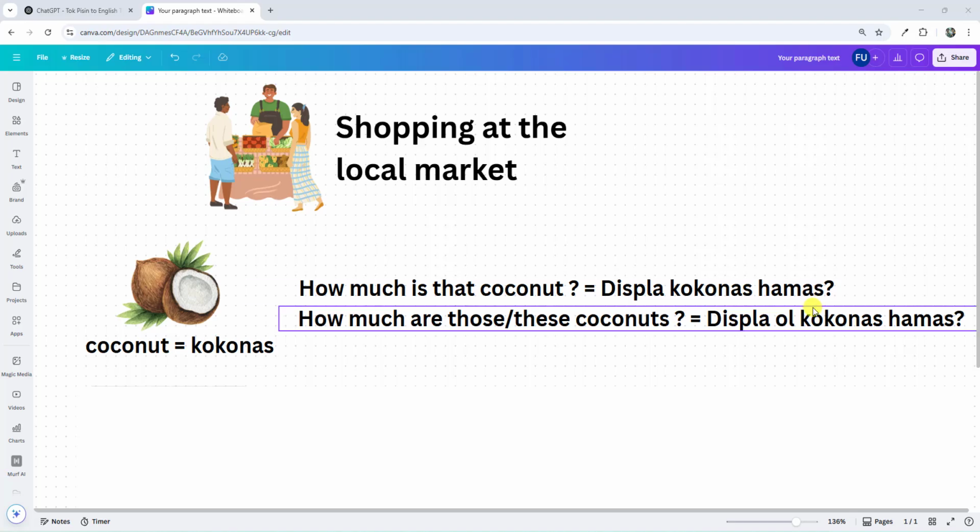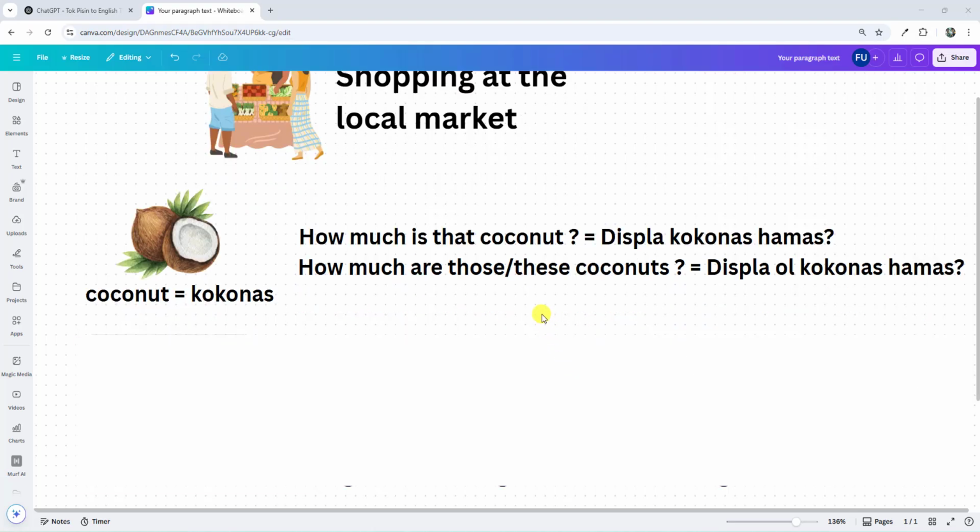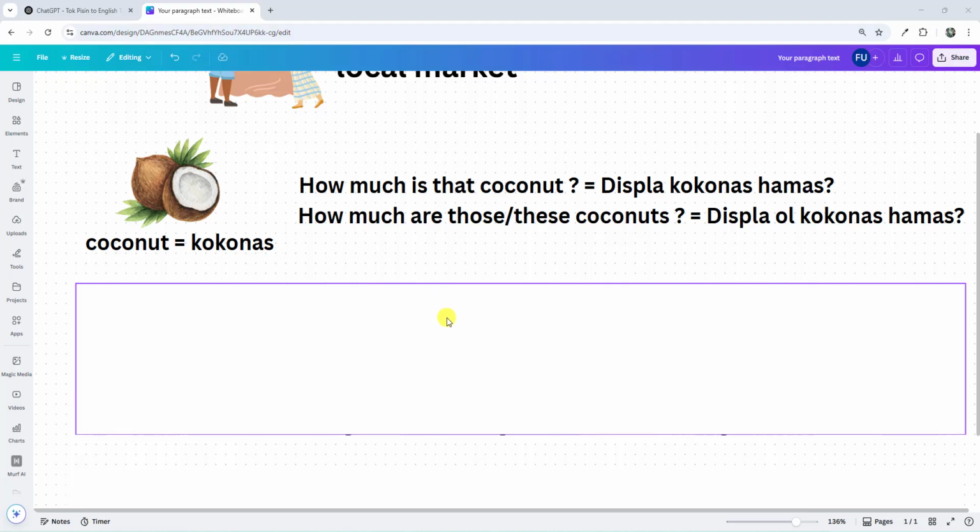From the singular to the plural, the only thing that changed in these two sentences is the word all for the plural. Coconuts, whether singular or plural, we just say Kokonas, but we just added the word all, meaning more than one. Displa all Kokonas hamas. So that was for coconuts, or Kokonas, in TOK PISIN.